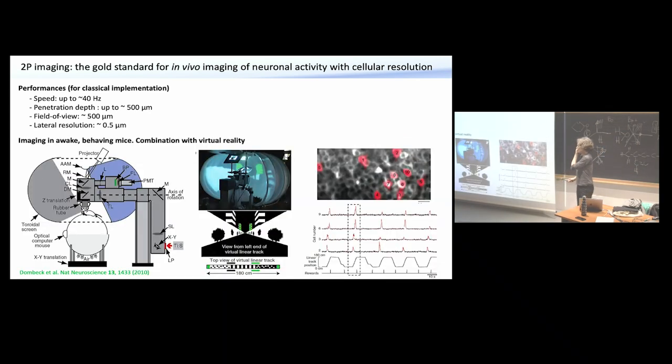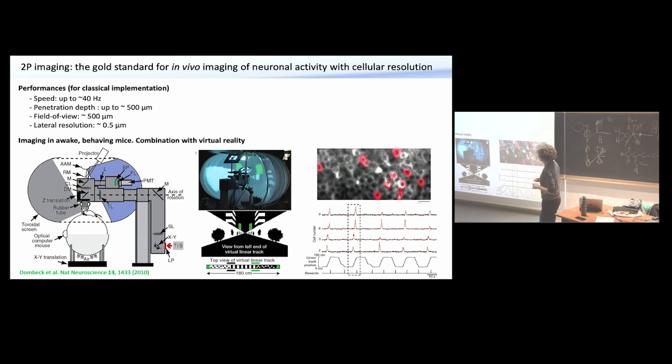And also something that is quite fun, it can be coupled with other techniques. So for example, it can be coupled with virtual reality. So here the idea is the mouse is awake. It's walking on this ball here. And while it's behaving and walking on the ball, the researchers are projecting some virtual reality to the mouse.